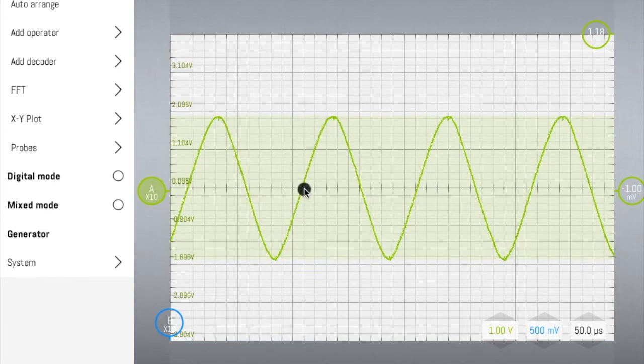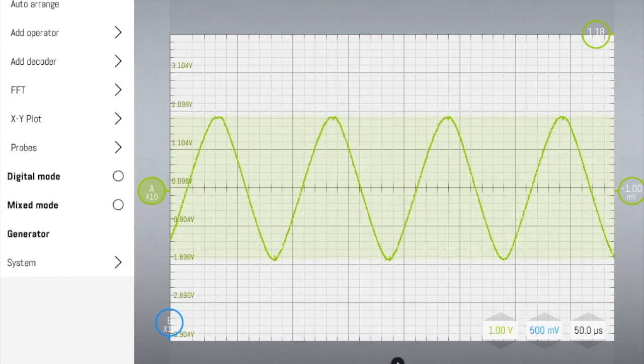In this particular case, I've got it set so that it is running at a frequency of about 600 hertz. That's a very low audio tone. And you can see that it's continuing to go out in the future.